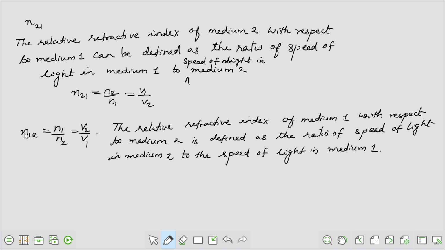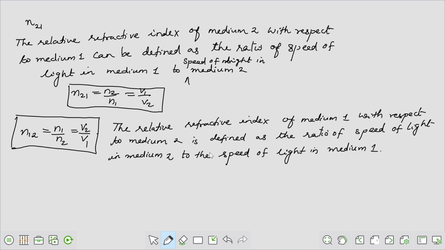Okay, this is a very important statement. So let's understand what is relative refractive index and study the statements. Don't learn the statement by heart. Understand what exactly is relative refractive index. Then frame the statement in your own words with proper scientific terms.